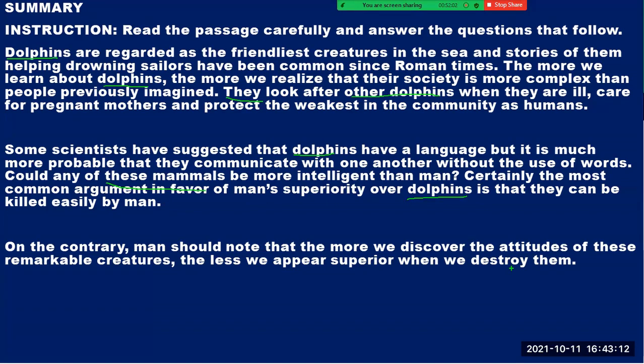How do we know? Repetition is emphasis, is the evidence we have here. Everything is about dolphin, dolphin, dolphin, all right? And so that shows us that the appropriate title for this passage is dolphins. The passage essentially is about dolphins, all right?